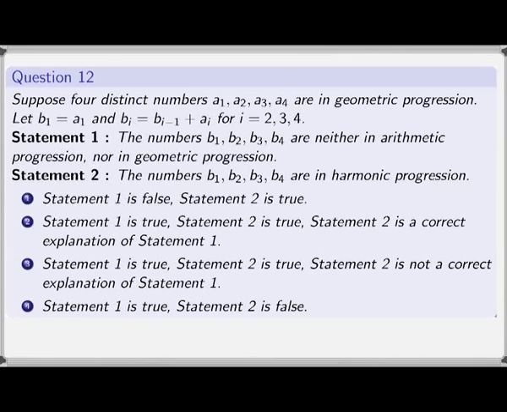The first statement is the numbers b1, b2, b3 and b4 are neither in arithmetic progression nor in geometric progression. And second statement is the numbers b1, b2, b3 and b4 are in harmonic progression. We have to check whether statement 1 and statement 2 are correct or not, and in case both the statements are true, we have to check whether statement 2 is a correct justification of statement 1 or not.